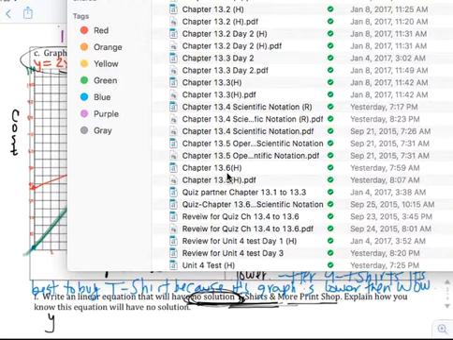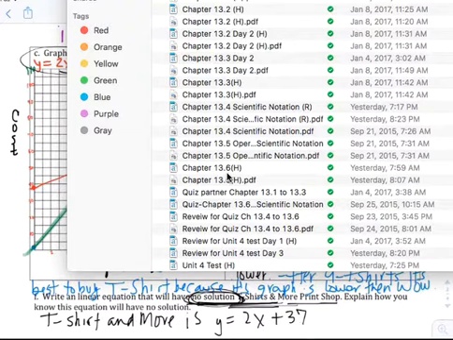T-shirt and More is y equals 2x plus 37.